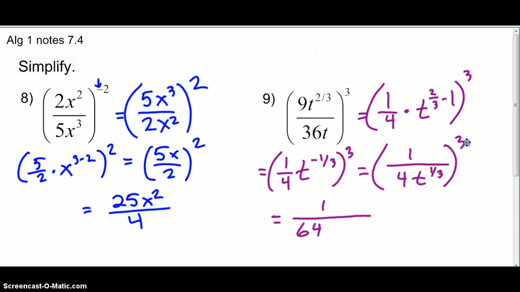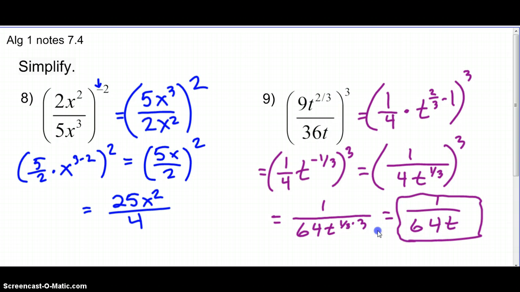Now this is a power of a power, so what we would have there is t to the 1/3 times 3. And if you're thinking about what 1/3 means, when you multiply 1/3 times 3, you get simply a 1. So that is 1 over 64t.